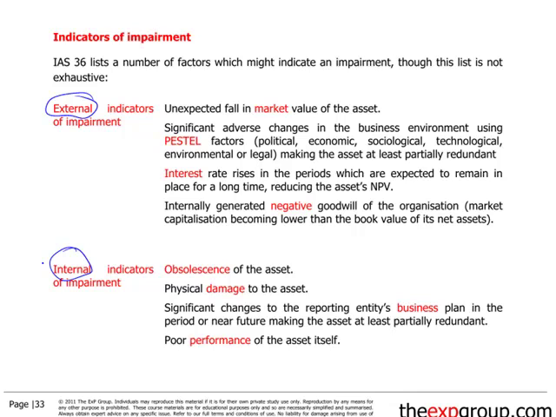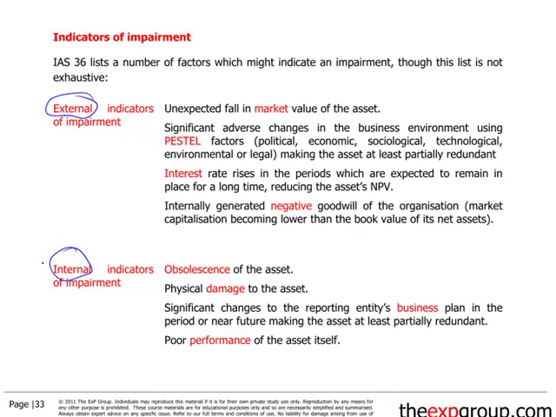But also the decrease in value of your asset could occur if you have some internal factors or reasons such as obsolescence, or for instance you have old technology, old equipment, and that of course would be an indicator of impairment, of potential decrease in value of that asset.